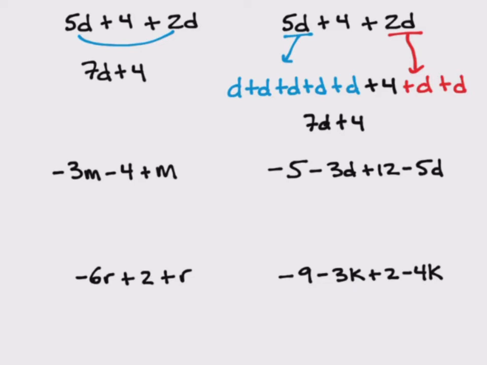How about negative 3m minus 4 plus m? Well, I see that these two terms both have m raised to the first power, so negative 3m plus m should equal negative 2m, and we should end up with negative 2m minus 4. Now, if you want a quick reason as to why that's the case, negative 3m is the same as saying negative of m plus m plus m.